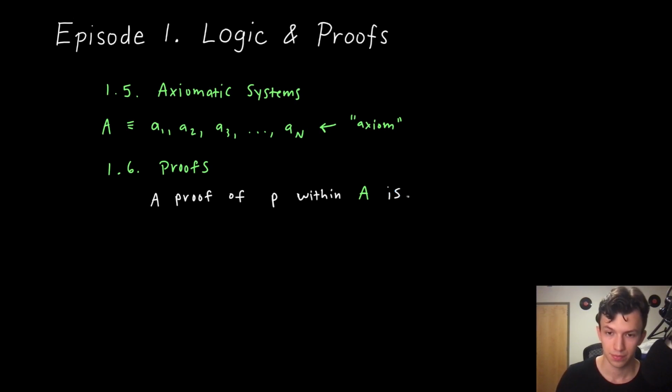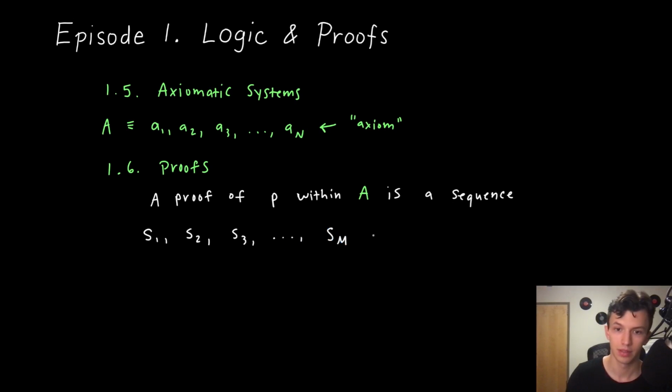So a proof of P within axiomatic system A, or axiomatic congregate A, is a finite sequence S1, S2, S3, up to some M, which is the last step. I should note here, these are called steps.